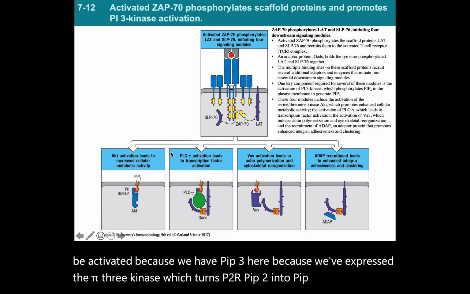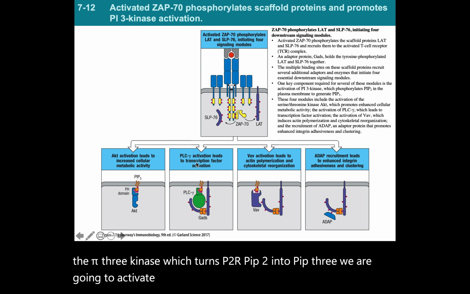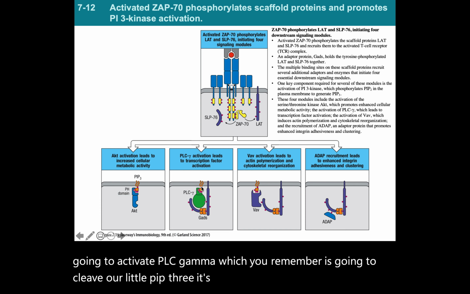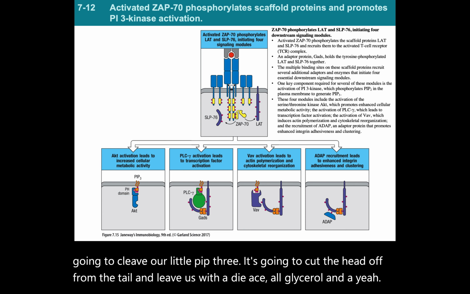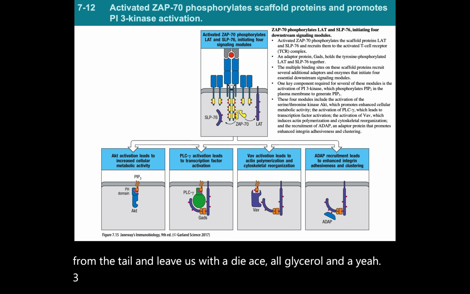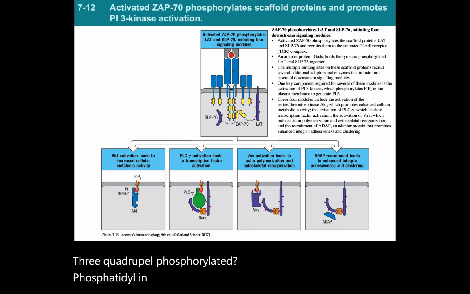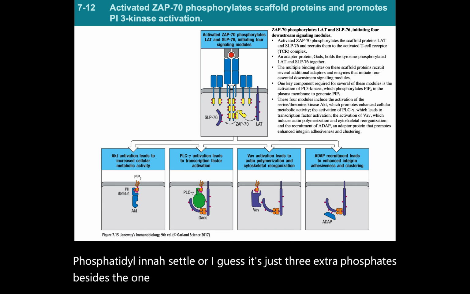We are going to activate PLC gamma, which you remember is going to cleave our little PIP3. It's going to cut the head off from the tail and leave us with a diacylglycerol and a quadruple phosphorylated phosphatidylinositol, or I guess it's just 3 extra phosphates besides the one that normally is on phosphatidylinositol.